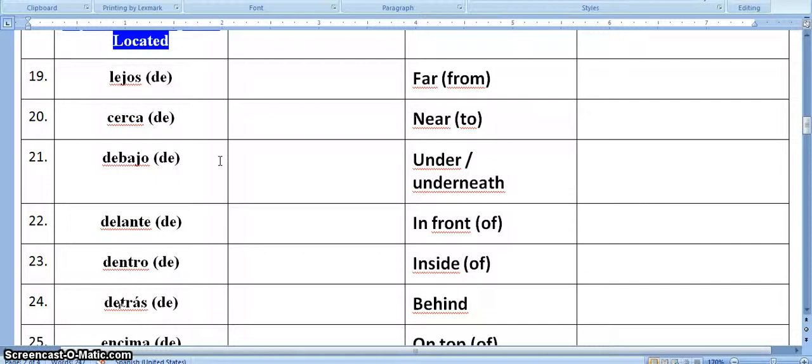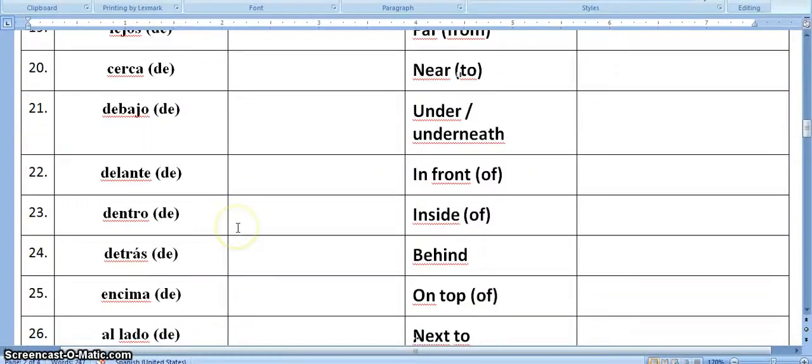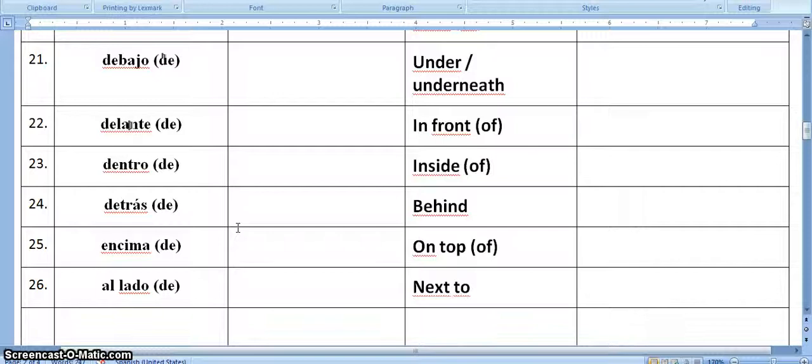Número 23 is dentro de. Dentro de. That means inside of. Alright. Número 24 is detrás de. Behind is detrás de. Notice detrás de has an accent. Número 25, if I scroll on down, is encima de. On top of. And número 26 is al lado de. That's next to.